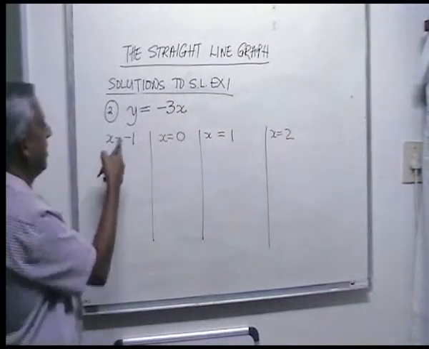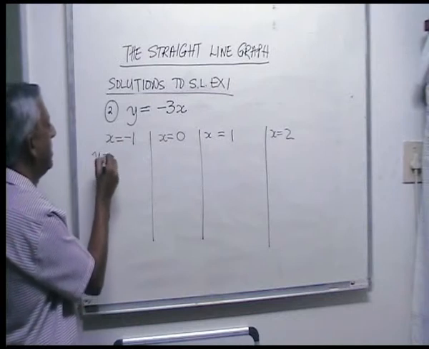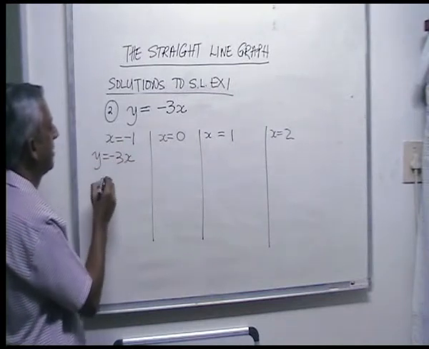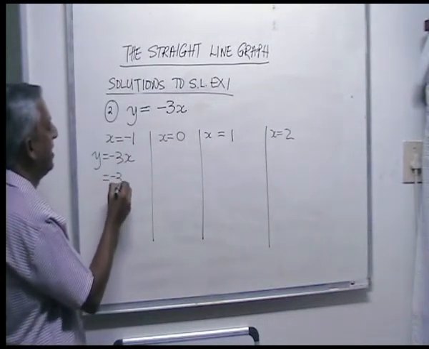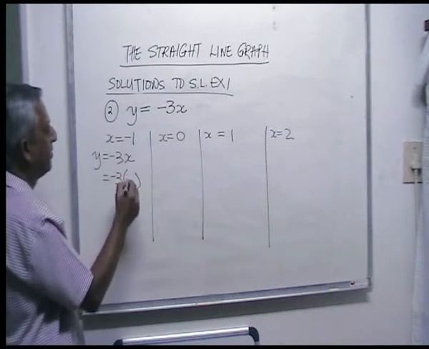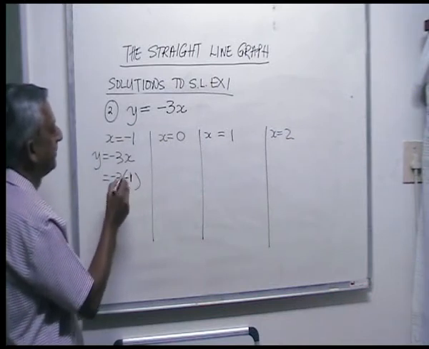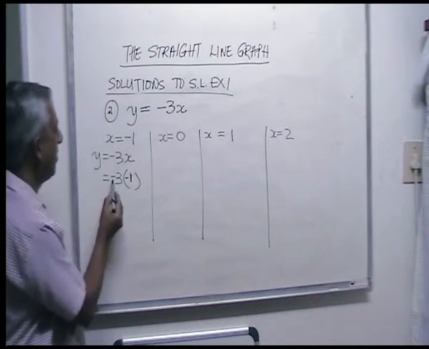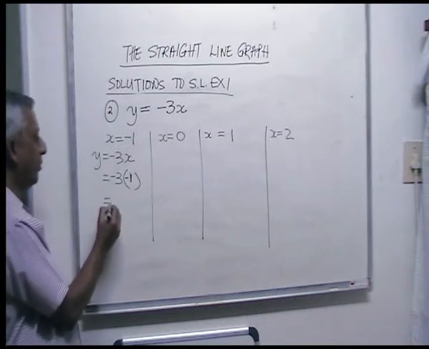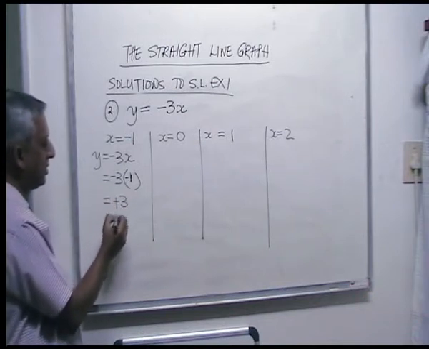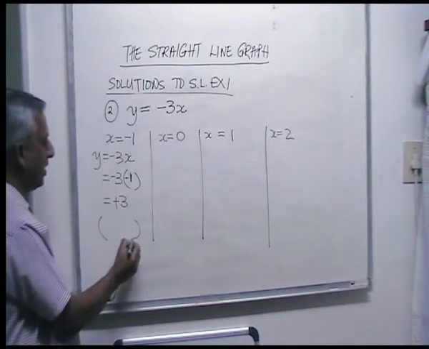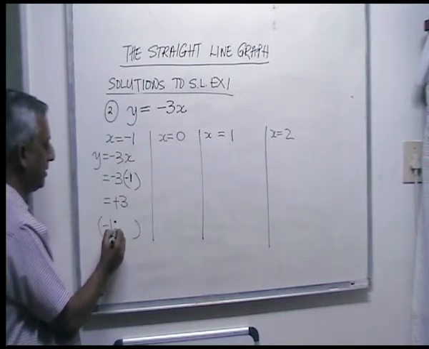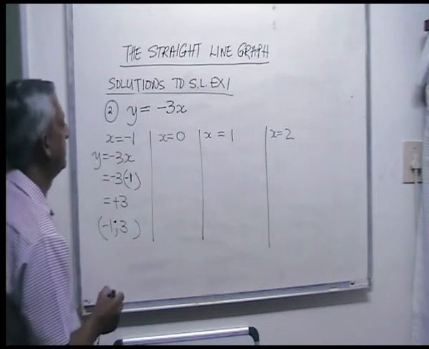Let's see what happens. If I do this one, y is equal to minus 3x, write the question down, minus 3 times x, x is minus 1. Now minus times minus gives you plus, 3 1s, 3. So your first ordered pair is minus 1, 3.